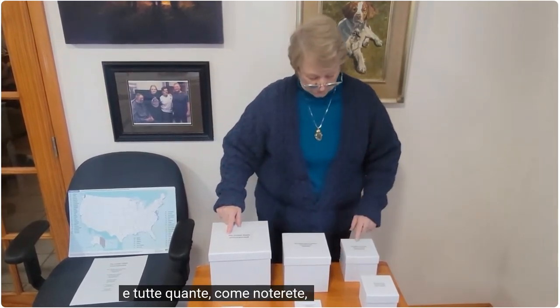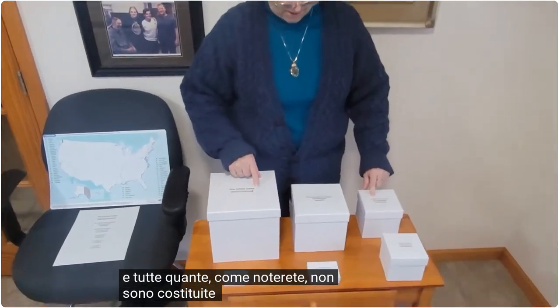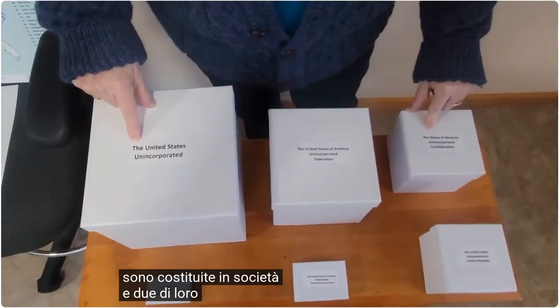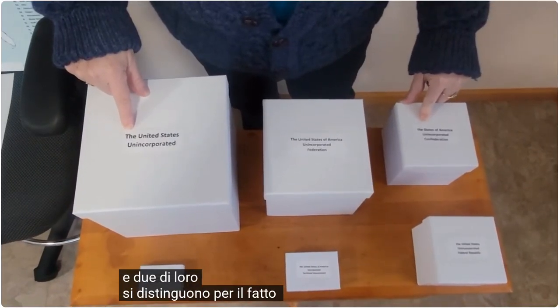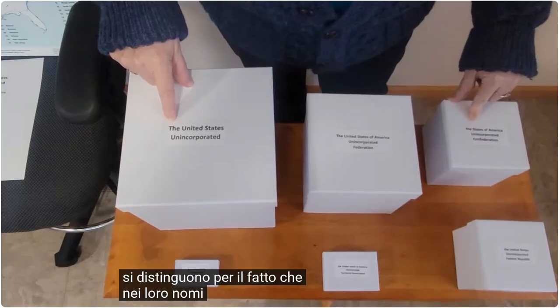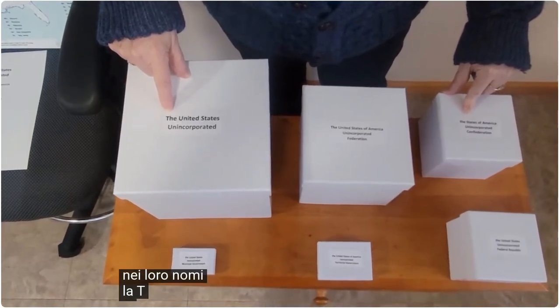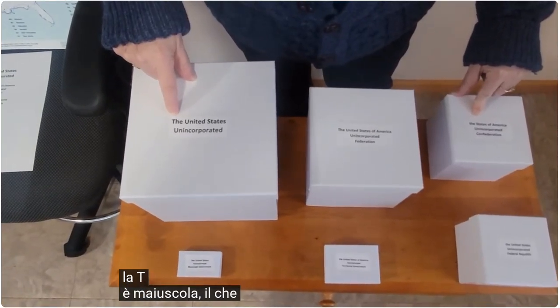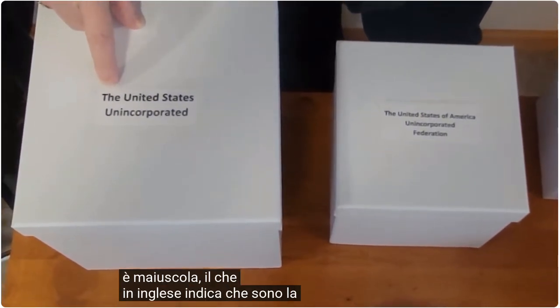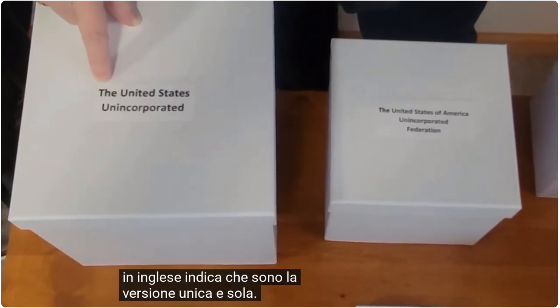And all of them, you will notice, are unincorporated, and two of them are distinguished by the fact that in their names, the T is capitalized on the, indicating in English that they are the unique and only version.